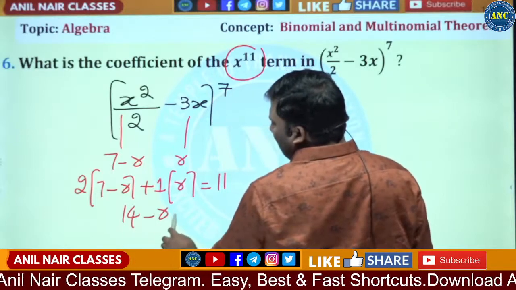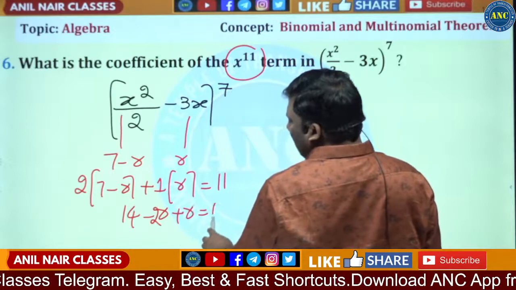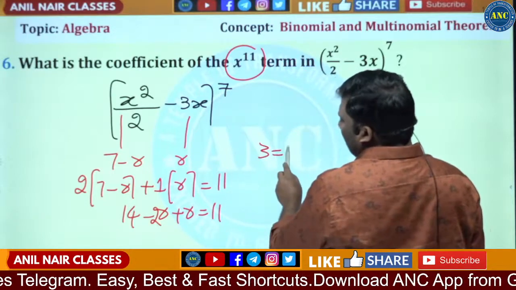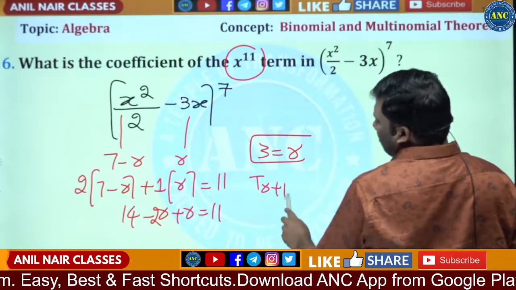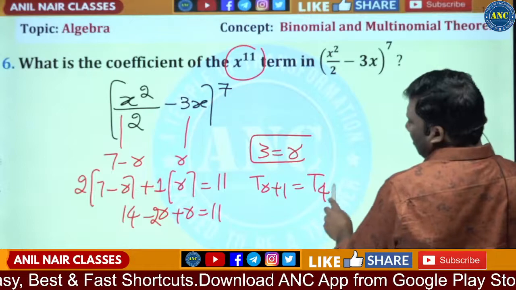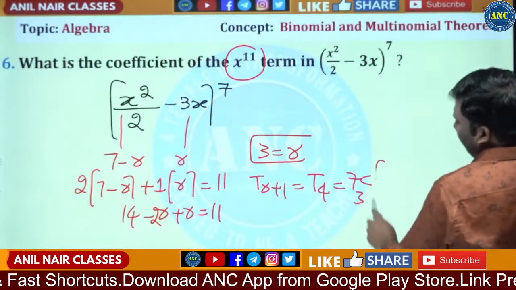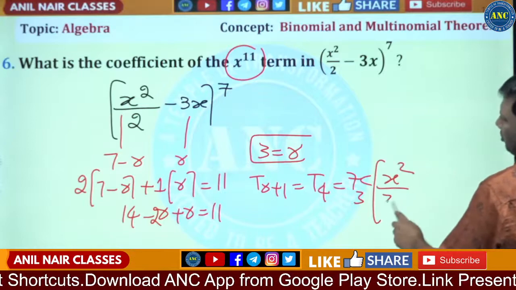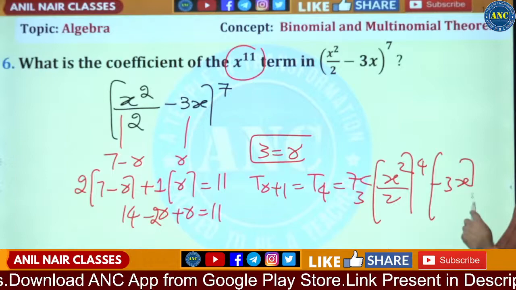14 minus 2r plus r equivalent to 11, so r equivalent to 3. So T(r plus 1), this will become T4. T4 will become 7C3 x square by 2 power 4 into minus 3x power 3.